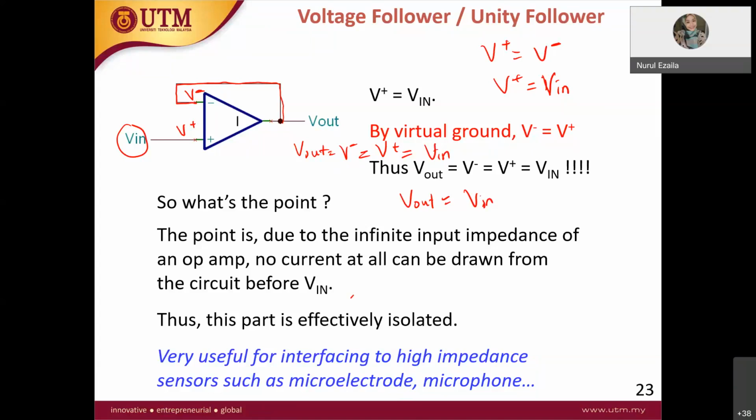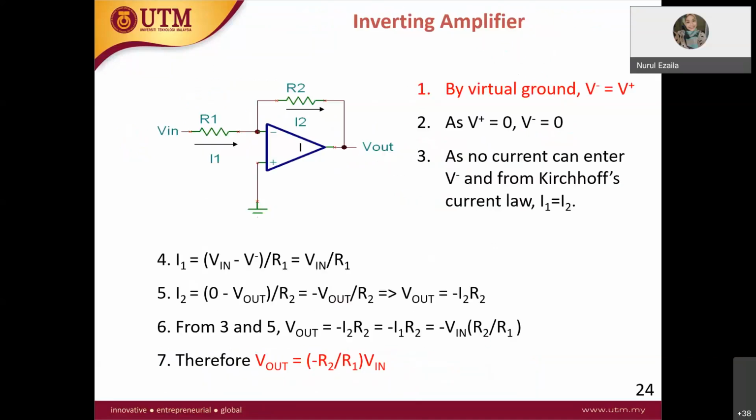Your V out must replicate the exact input of V in without any noise. This is very useful for interfacing to high impedance sources, such as sensors, microelectrodes, and also microphones. All right, the second one, the inverting amplifier.